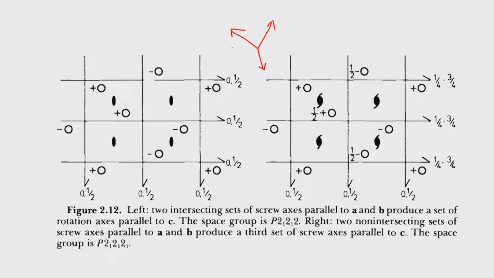So, a point P goes to a point Q and then goes to a point R, and this defines the point group symmetry 222, because we can come back from one onto the other. This is the intersection of three two-fold axes.